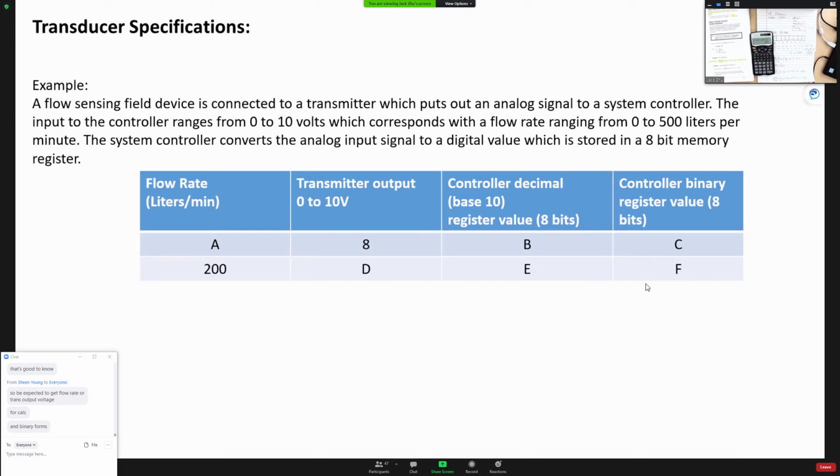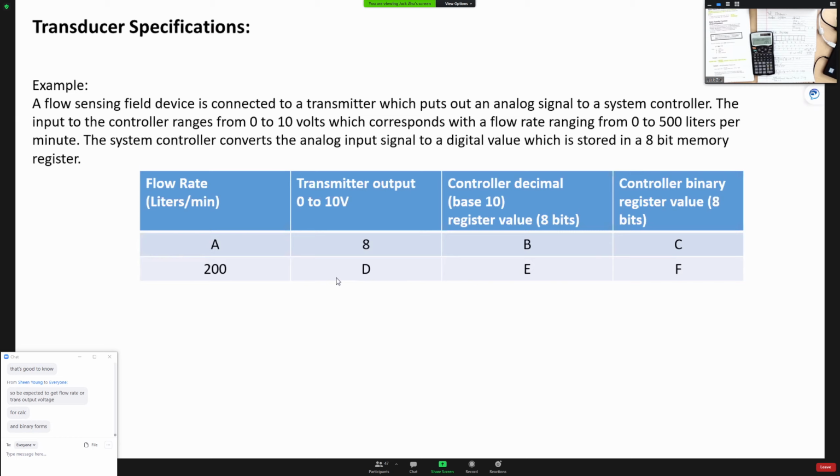You have to convert them to find out what the decimal number is or what the binary number is.